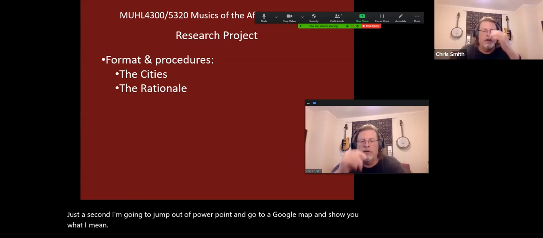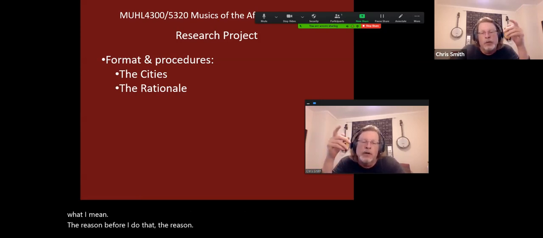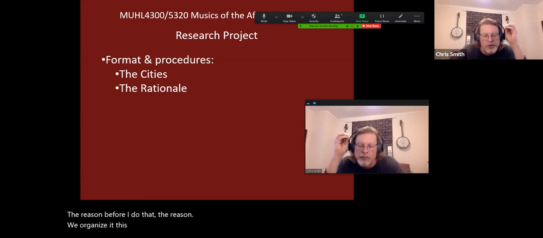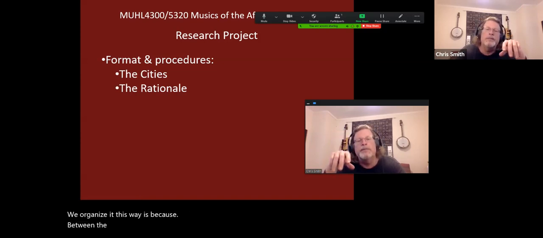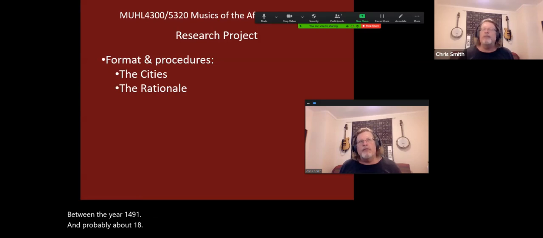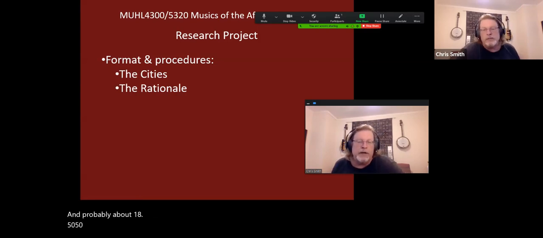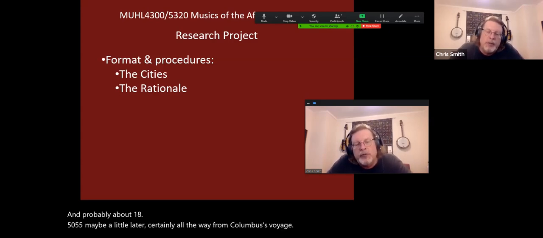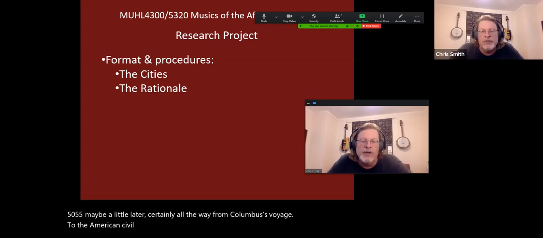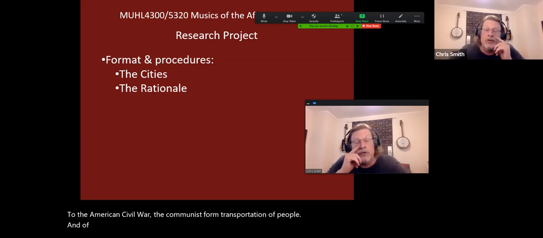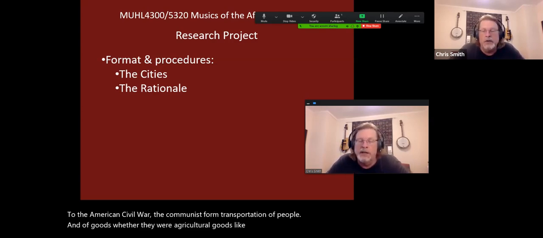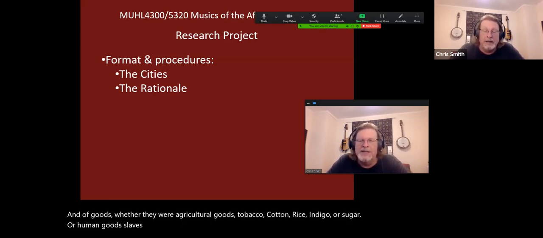The reason, before I do that, that we organize it this way is because between the year 1491 and probably about 1850, 55, maybe a little later, certainly all the way from Columbus's voyage to the American Civil War, the commonest form of transportation of people and of goods, whether they were agricultural goods like tobacco, cotton, rice, indigo, or sugar, or human goods, slaves themselves, was by sailing ships.